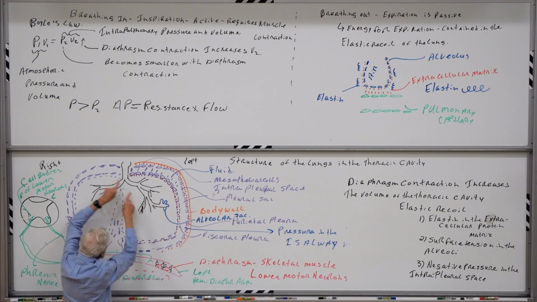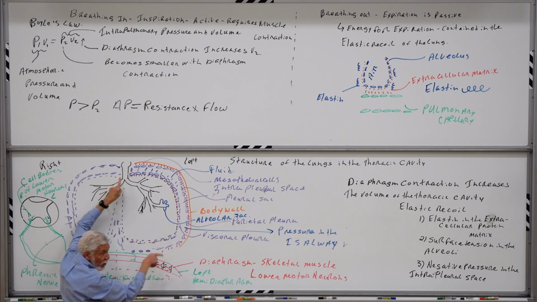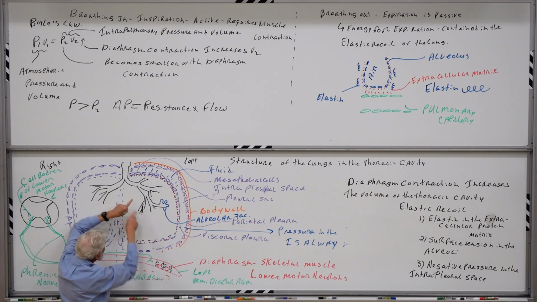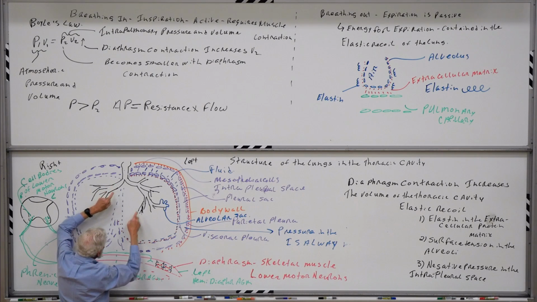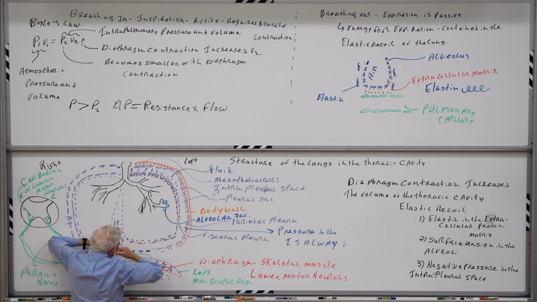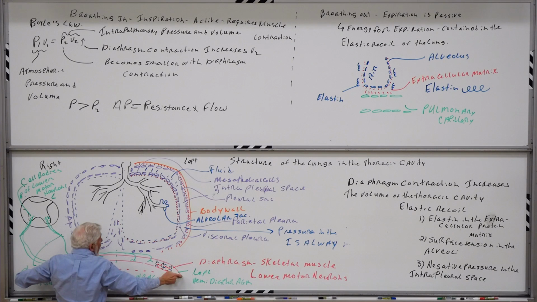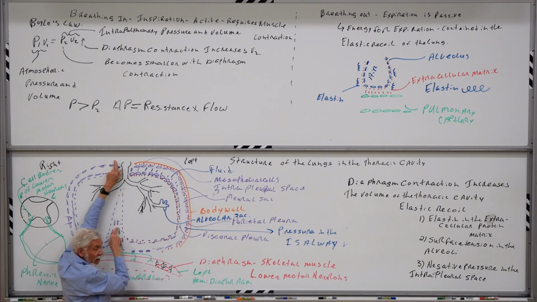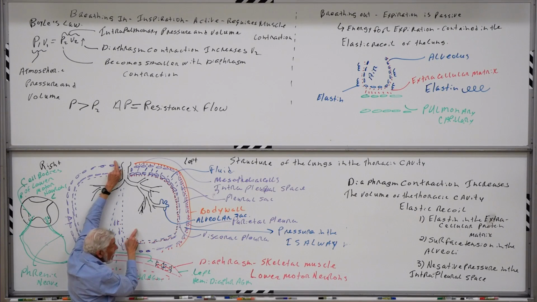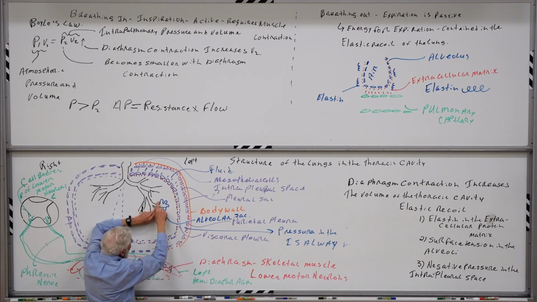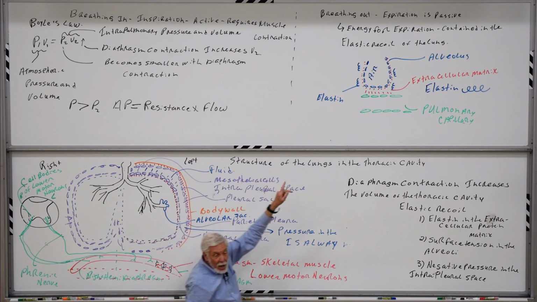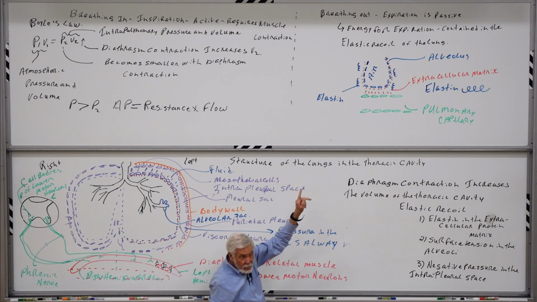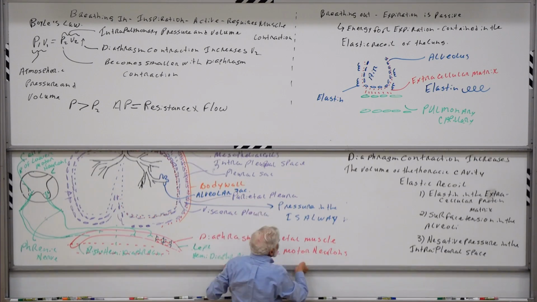Today's discussion is how we manage to move the air in and out. What's the mechanism? What are the mechanics of moving the air in and out? And what we've discussed so far is generating a slight vacuum by contracting the diaphragm. Air comes in. But now we have to postulate how the air gets back out again. Where does the energy come from to expel the air? Well, some of that energy is stored in the elastin molecules, which are around the alveolus. But there's another source of energy too.